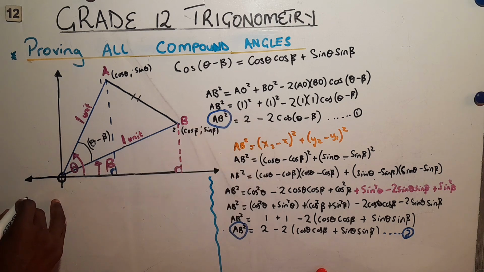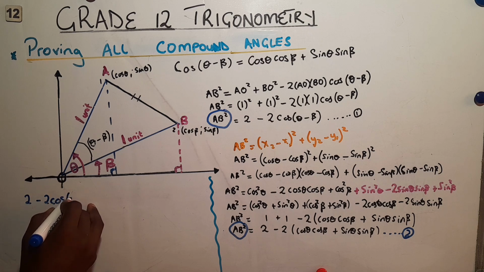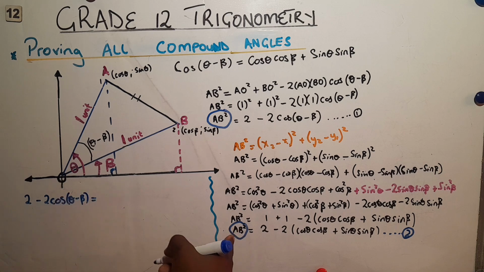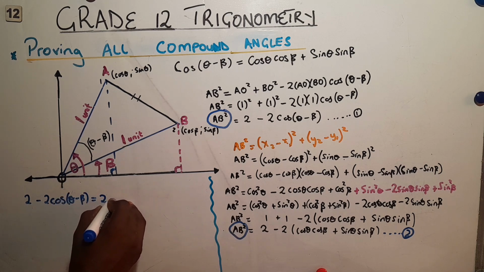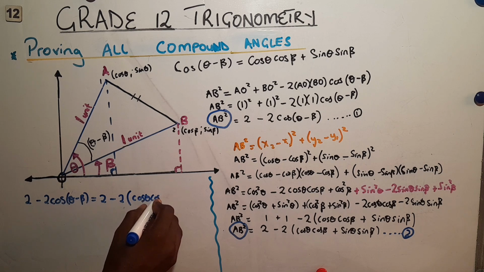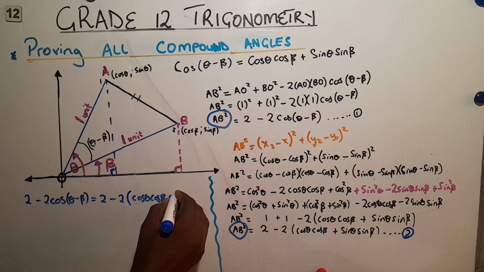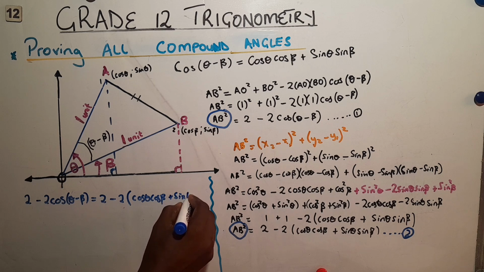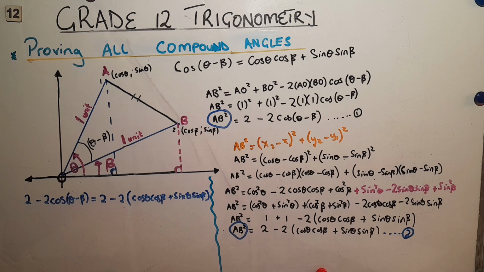So starting with that one, it is saying 2 minus 2 cos (theta minus beta). And this equation is saying 2 minus 2 (cos theta cos beta plus sine theta sine beta), right? So these are the 2 equations that we are having. We equated them, but you can see that there are some things that are the same on the left and on the right hand side.